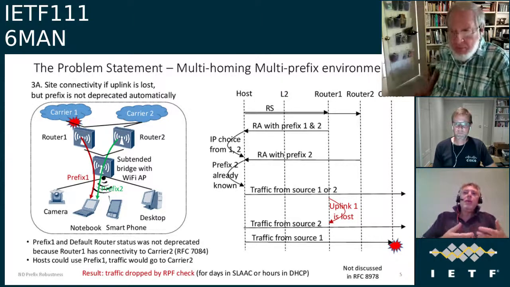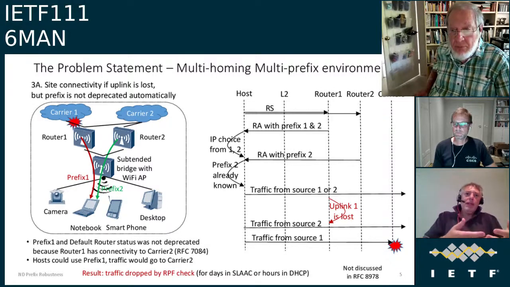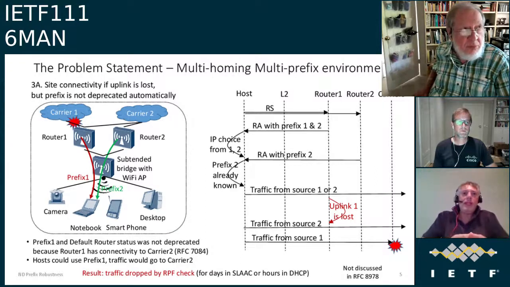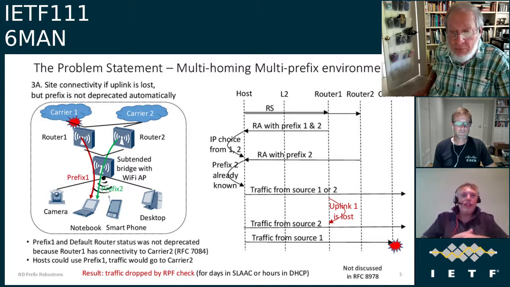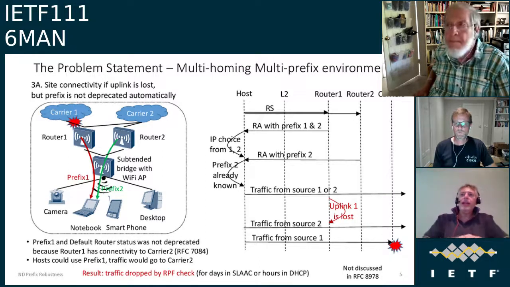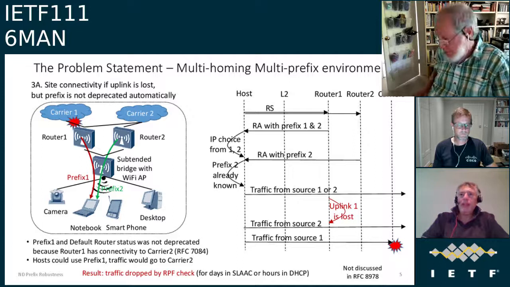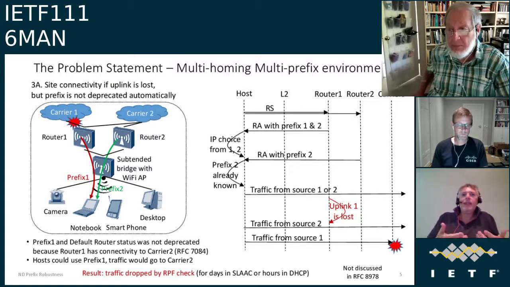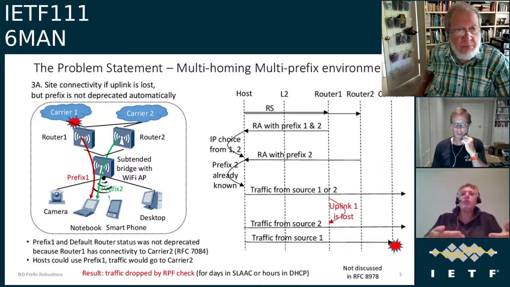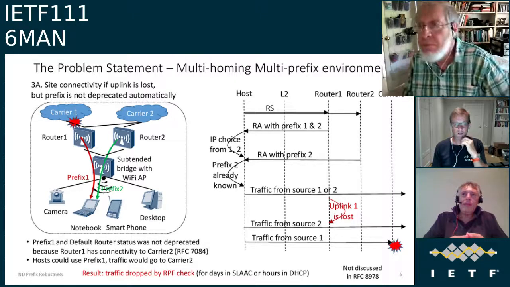So the problem is how to cope with a situation where that router is still working and presenting itself as the default router or the next hop for a set of prefixes that have not been deprecated because they have not been invalidated because of the situation represented here. The diagram on the right simply represents the case. What happens when one of those prefixes suddenly becomes invalid, but one of the hosts sitting in the net is not able to understand that, or does not have the means to understand that? So it keeps on using the same prefix to build the source address.